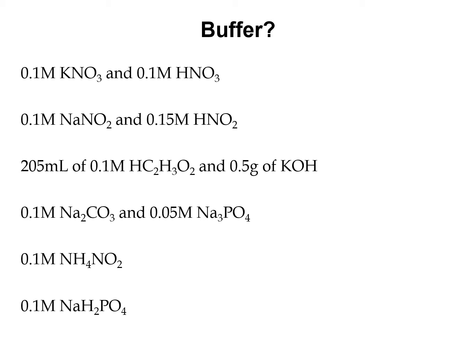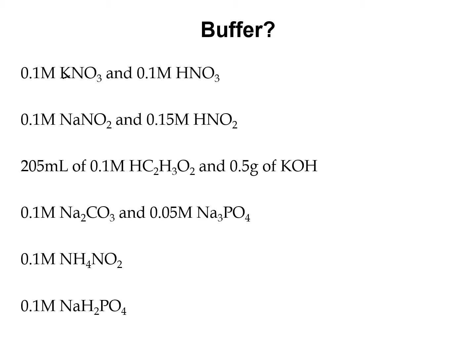So here, with the potassium nitrate, if it tried to absorb hydrogen, it would make nitric acid, which is a strong acid, so that would not work. If it tried to absorb hydroxide, it would make potassium hydroxide, which is a strong base.